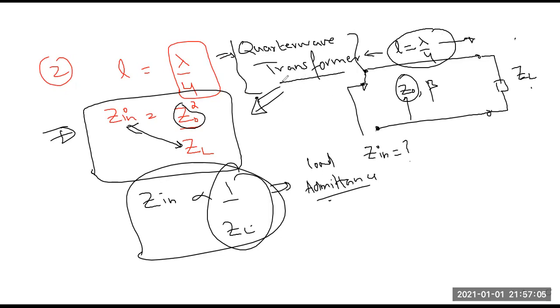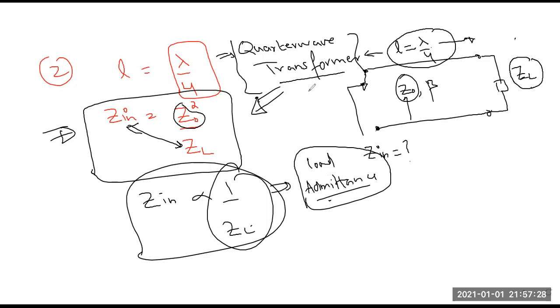Now, the word transformer is used because this length of transmission line transforms load impedance into load admittance. This is not the transformer that you are used to in electrical engineering.